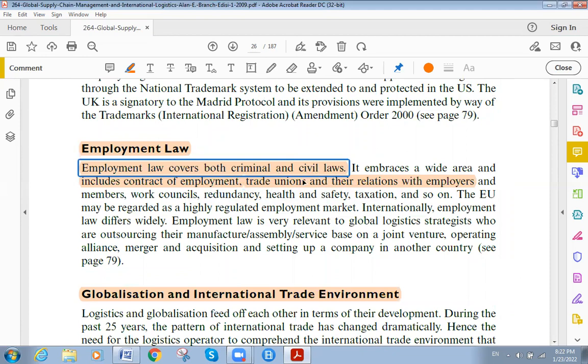So I'm Canadian here, and I have overseas operations like a transportation company between Canada and China. So I have to know the employment law in Canada and the employment law in China as well. But if I'm working domestically, meaning only inside Canada, I will only need to know the employment law of Canada.